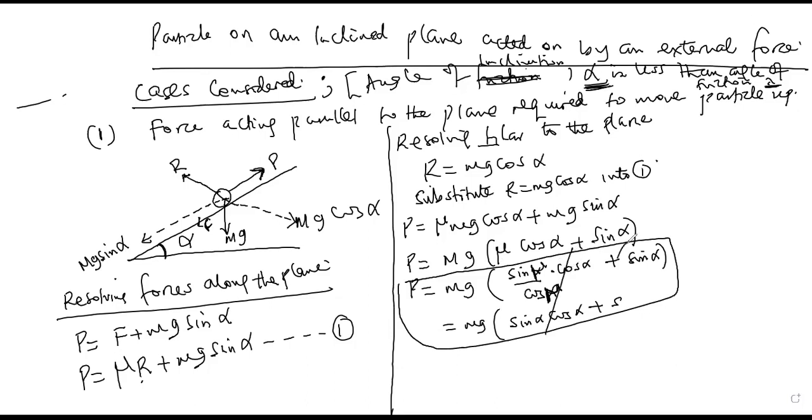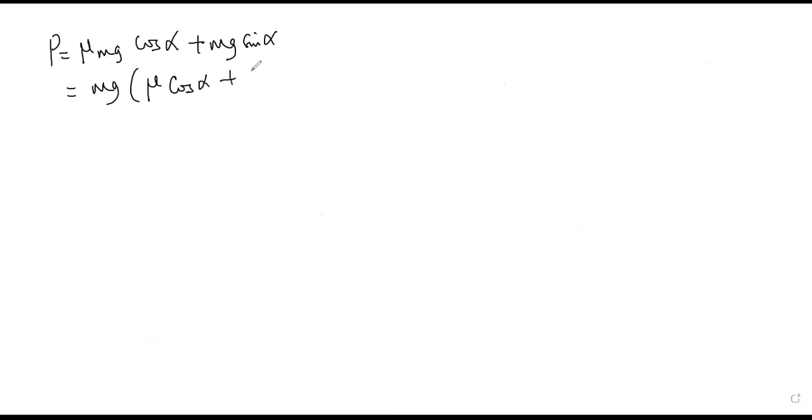So we've gotten P is equal to mg into mu cos alpha plus sine alpha.